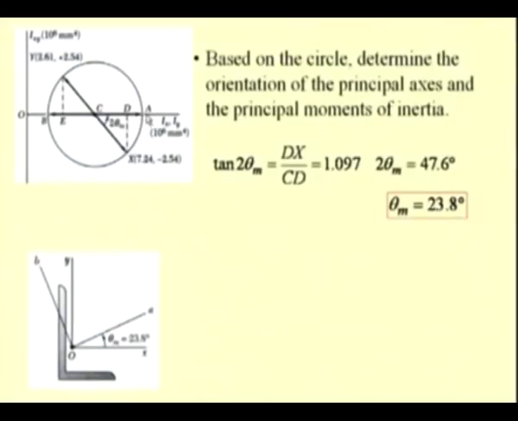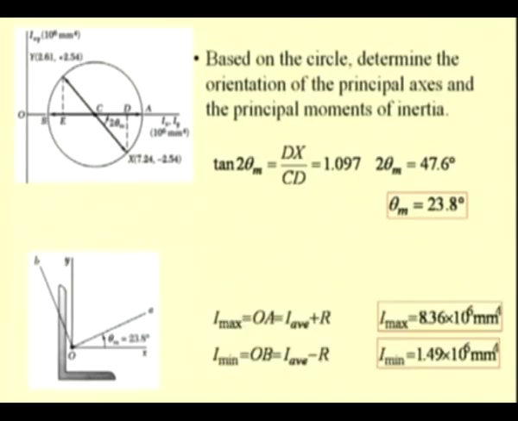Now, we can also determine their values, that is the value of A and B, by measuring this distance OA and OB, and from the measurement it becomes 8.36 into 10 to the power of 6 mm to the power of 4. This is also equal to I average plus R, and this I minimum is nothing but this distance OB.